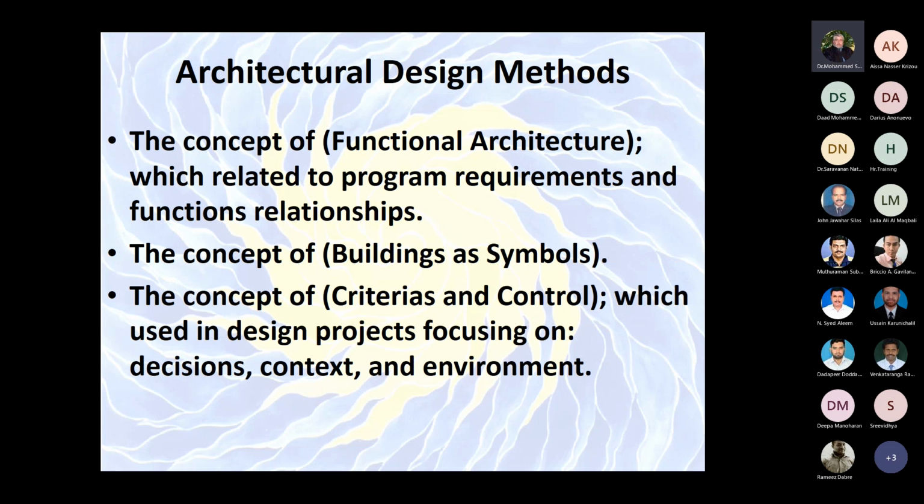The concept of functional architecture, related to program requirements and functional relationships. The concept of buildings as symbols: a building must give us a meaning, like a symbol. The concept of criteria and control, used in design projects, focusing on decisions, context, and environment.